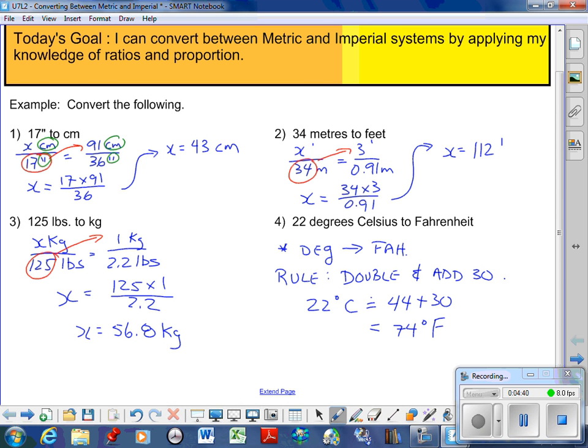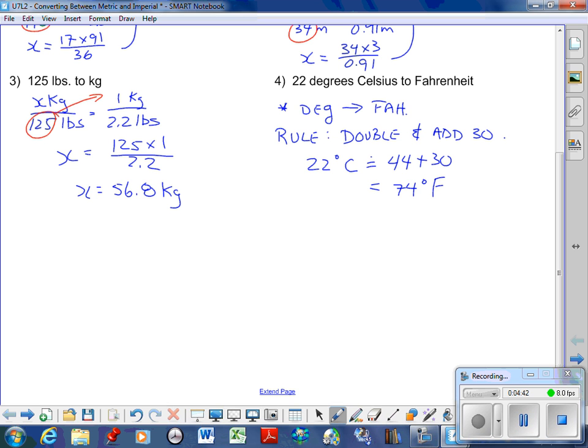Just as a follow-up, if I want to go Fahrenheit to degrees Celsius, the rule is the opposite. We subtract 30 and halve. I'll make up a quick example with an easy number: 100 degrees Fahrenheit.